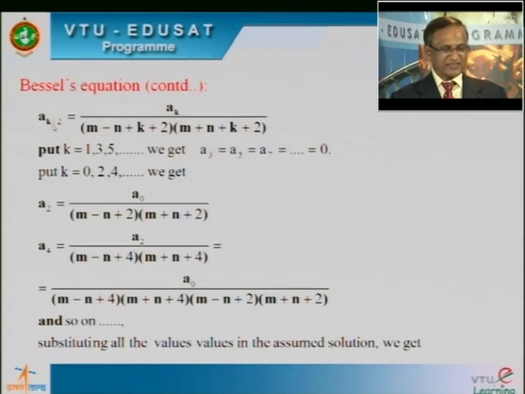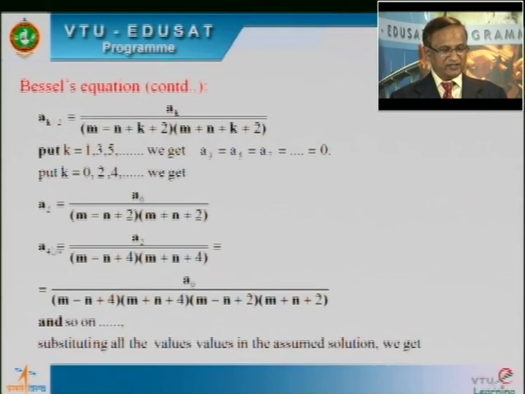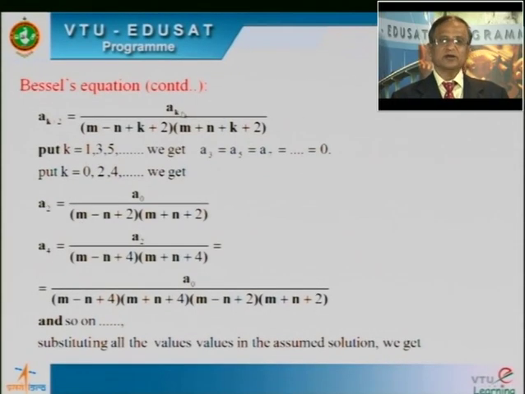So when we replace k by 2 I can obtain a4 is equal to a2 divided by m minus n plus 2 plus 2, it means 4, m plus n plus 2 plus 2 means again it is 4, right.